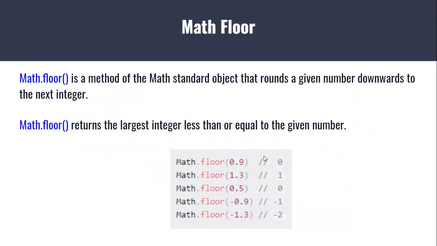Floor. So floor is another one. Floor is a method on the math object that rounds a given number downwards to the next integer. So floor returns the largest integer less than or equal to the given number. So 0.9 rounds down to 0. 1.3 rounds down to 1.